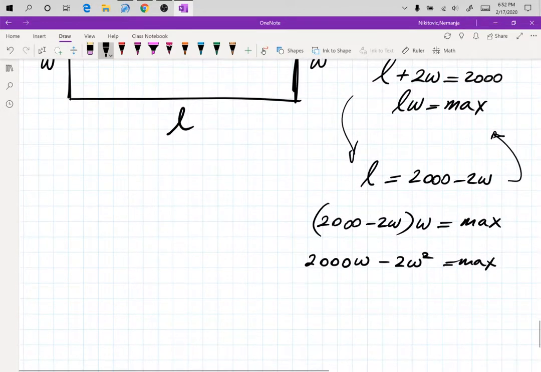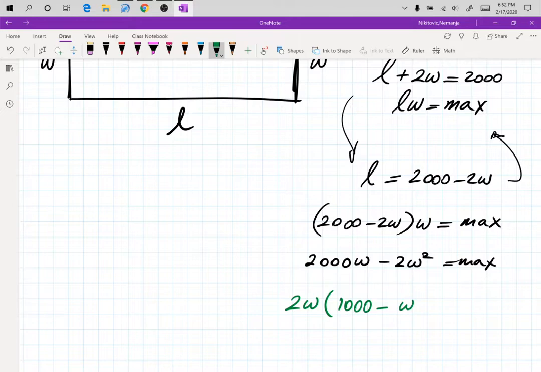Now I'm not even going to try using the graph. I'm just going to go straight through calculation the way you would do it on the test. I'm going to factor out what? 2W. What's left? 1,000 minus W. Beautiful.